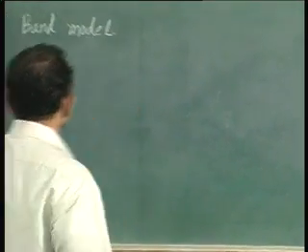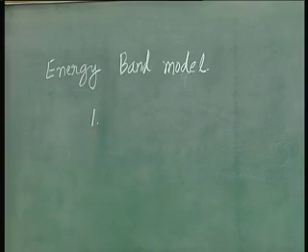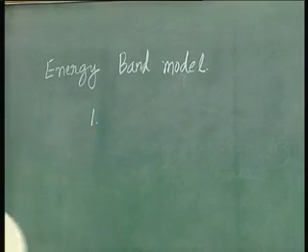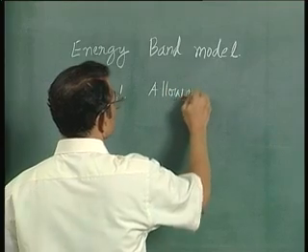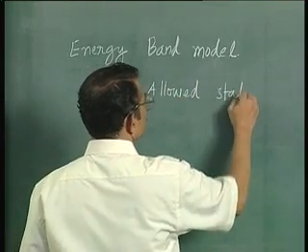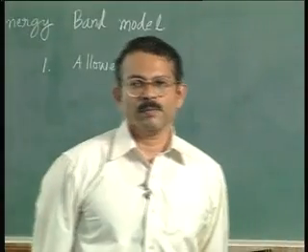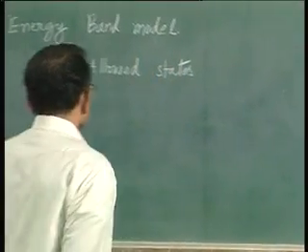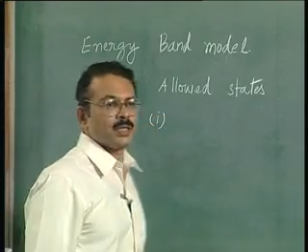So the basic tenets of this model are three. The first one refers to the allowed energy states for electrons. Electrons are only allowed certain energy states.